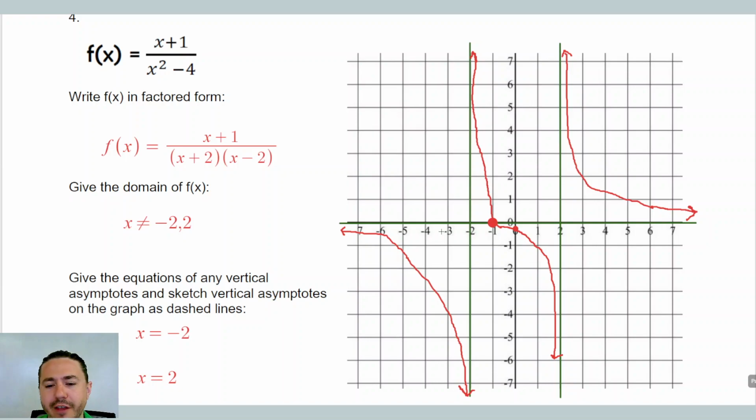So if you notice that you just have individual vertical asymptotes and you don't have any repeated ones, then you know it's going to alternate. So you don't have to necessarily do the number line. But making that number line and picking representatives inside your intervals is never a bad idea. It can help you make sure everything's correct. But this is a complete graph for number 4. So let's take a look at number 5.